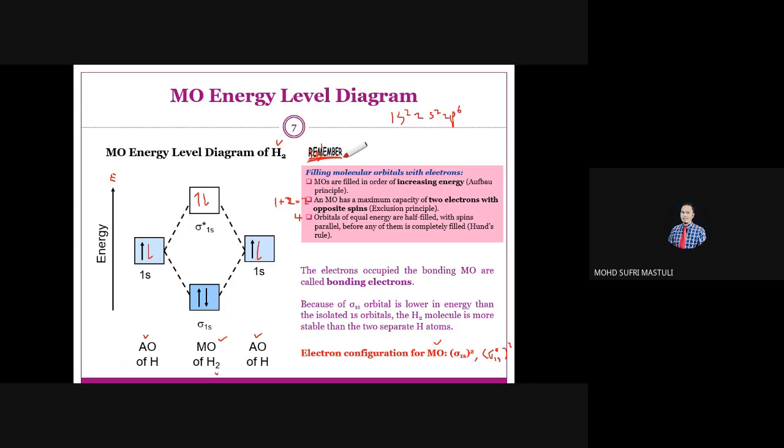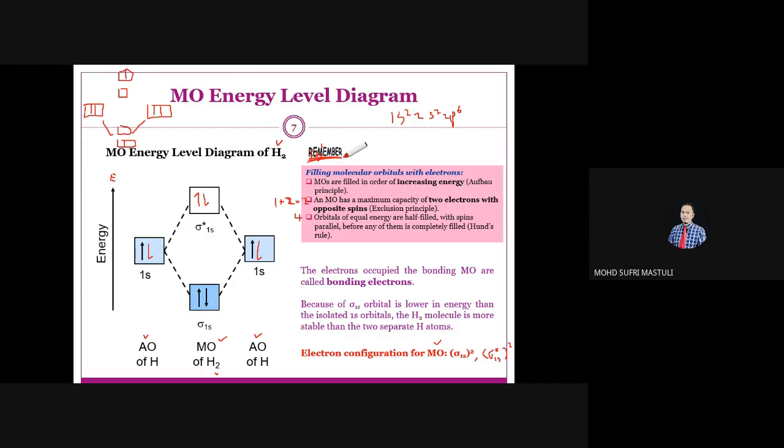This is Hund's rule. This one applies more to p orbitals, because we know a p orbital is 3 boxes. Any molecule with p orbitals, the molecular orbitals will split into 6: we have sigma, then pi, and then anti-bonding sigma, and also anti-bonding pi.